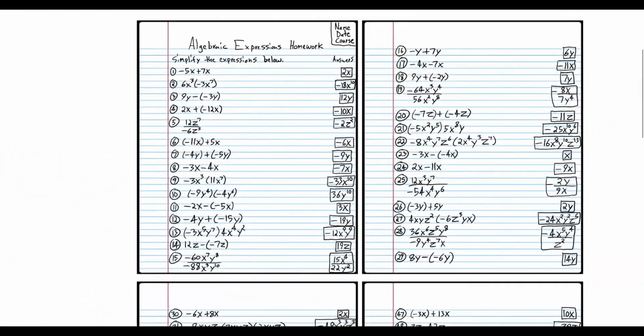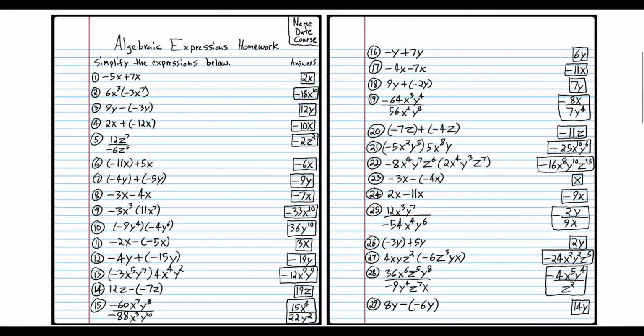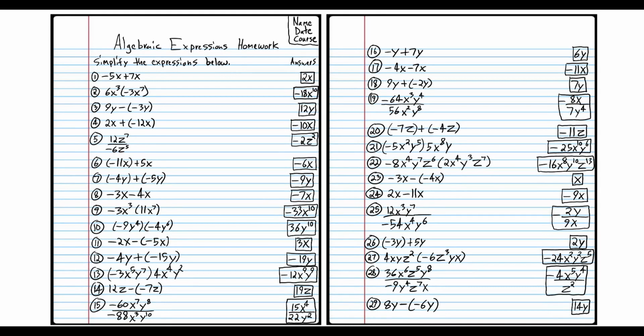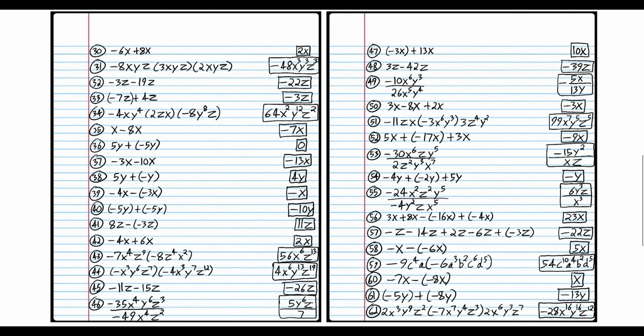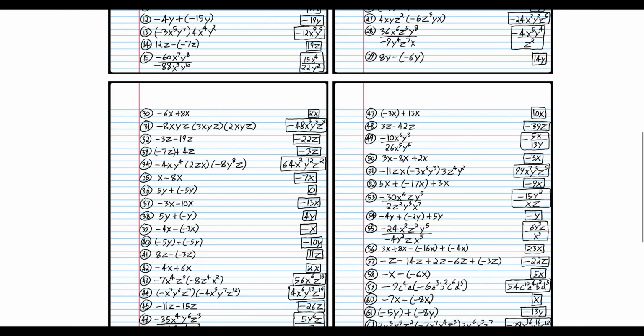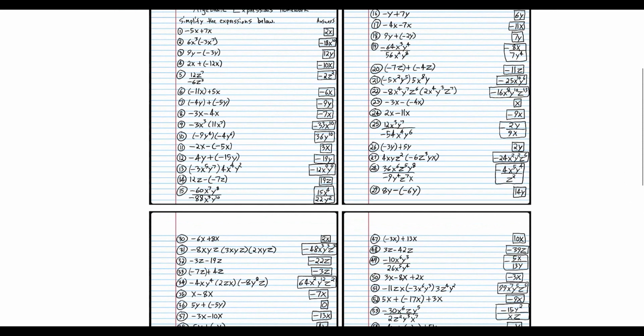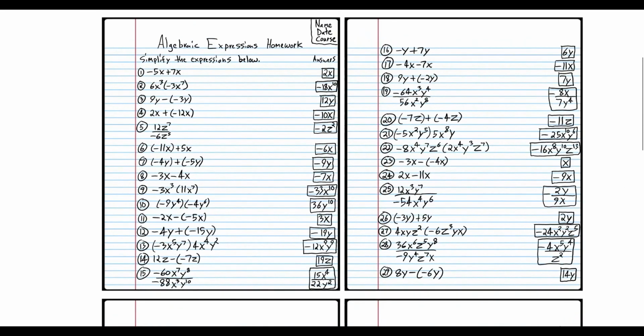So this is the homework. Go ahead and get screenshots. This is screenshot number 1 and screenshot number 2. Now I know that seems like a lot of problems, but these problems you can do pretty quickly. So don't be discouraged by this many problems. Be sure to get that homework done completely, correctly, neatly, and keep it in order in your binder.